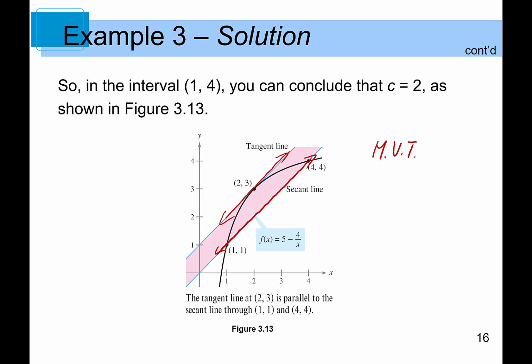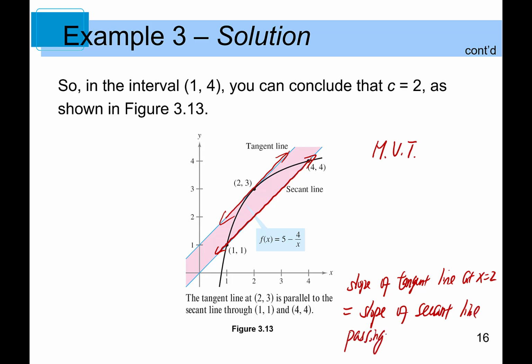When they are parallel, the slopes are equal to each other. The slope of the tangent line at x equals 2 equals the slope of the secant line passing through 1, 1 and 4, 4, as indicated from the graph.